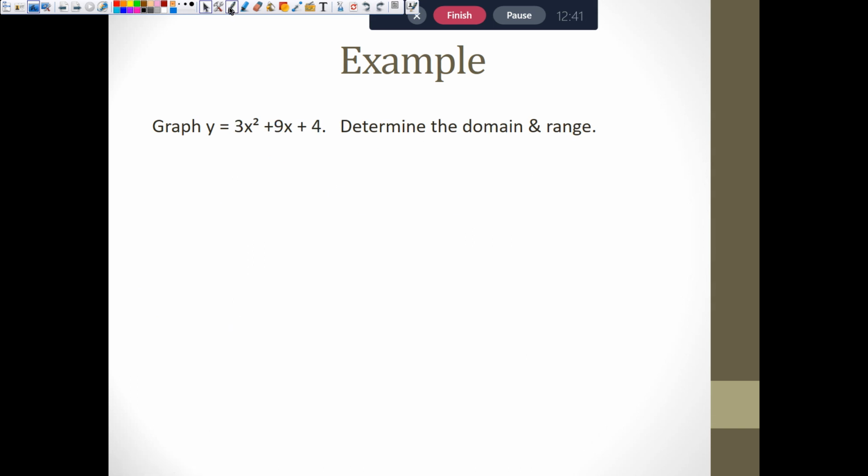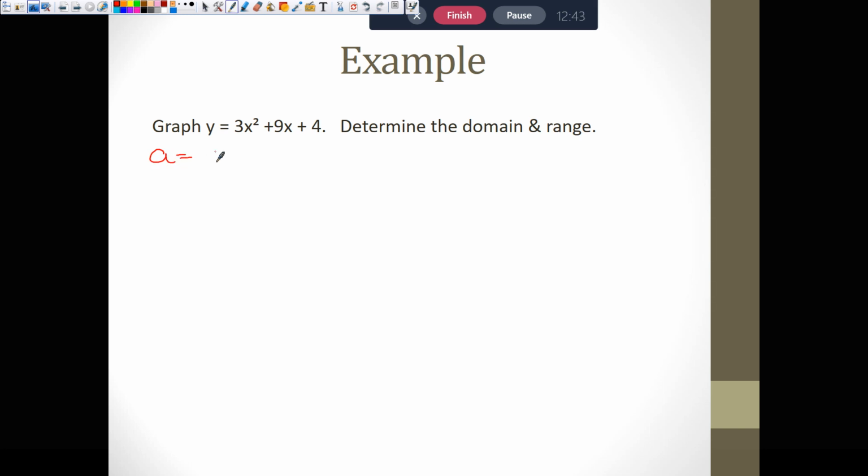Okay, so let's identify our A, B, and C. So A is 3, B is 9, and C is 4. Okay, now let's find our axis of symmetry. Remember, axis of symmetry is x equals -b over 2a.